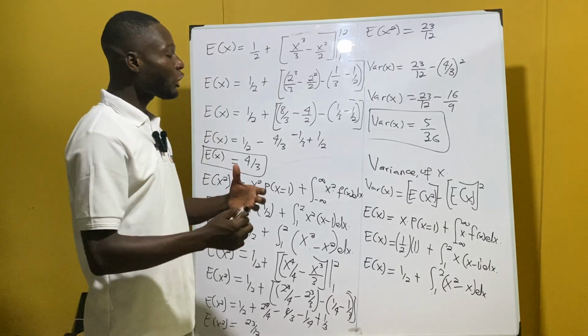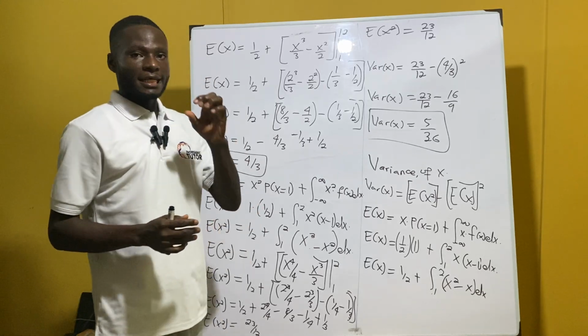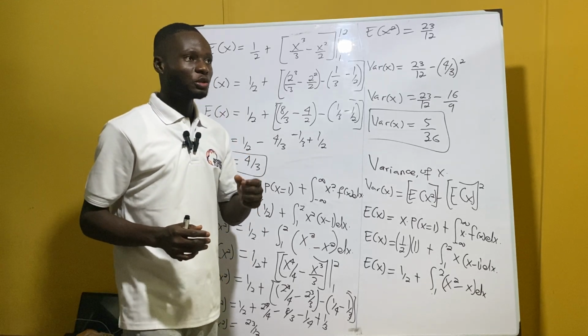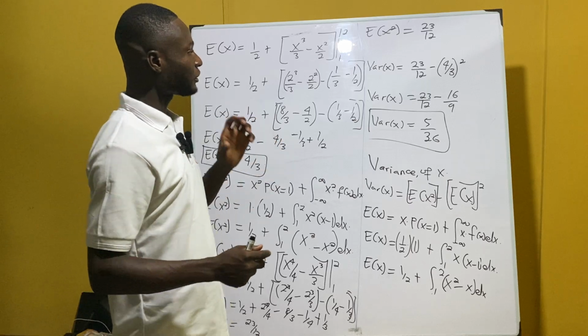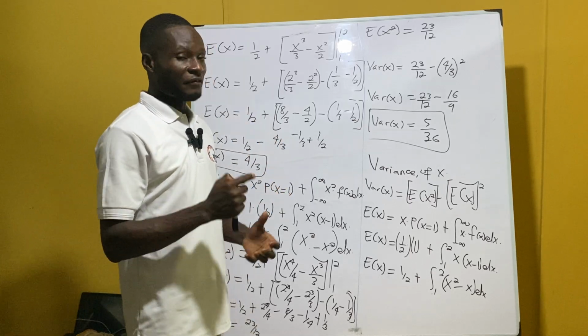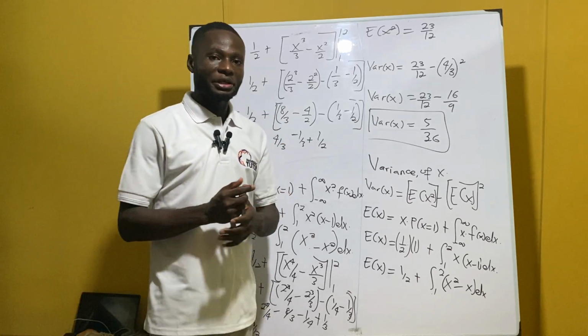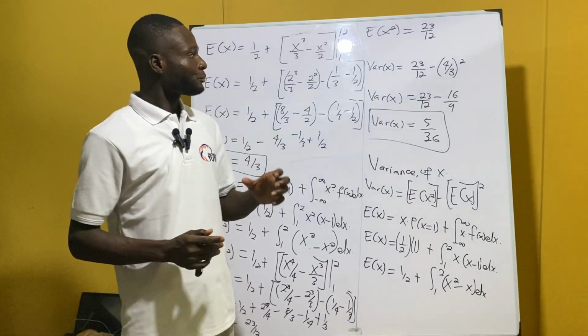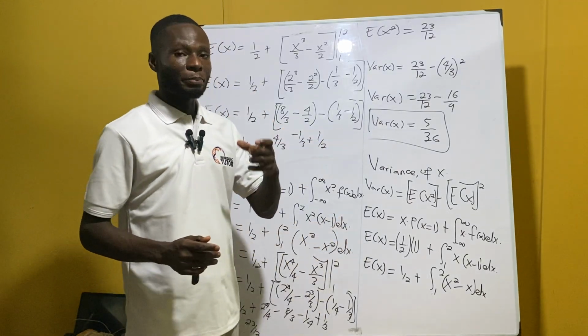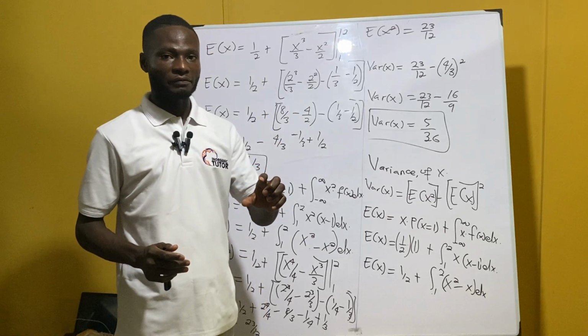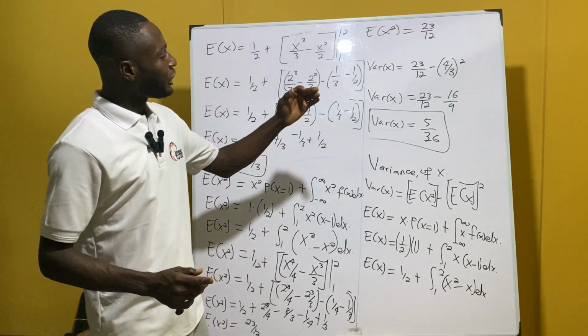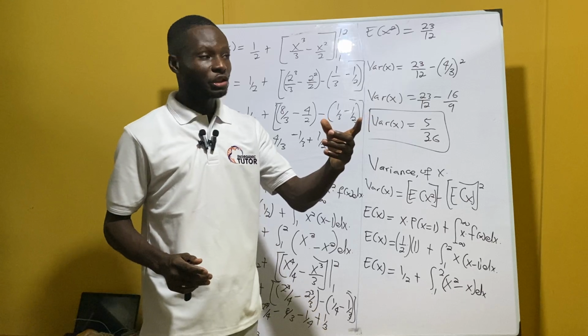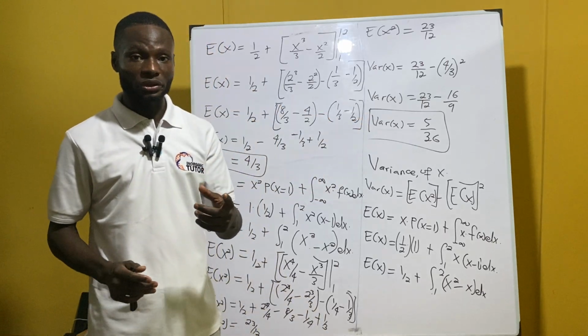We all know that when you have the CDF and you want to find the variance, first you find the PDF out of the CDF. When you get the PDF, you formulate the piecewise function for the PDF, right? Now, you're going to have the continuous case and then the discrete case.